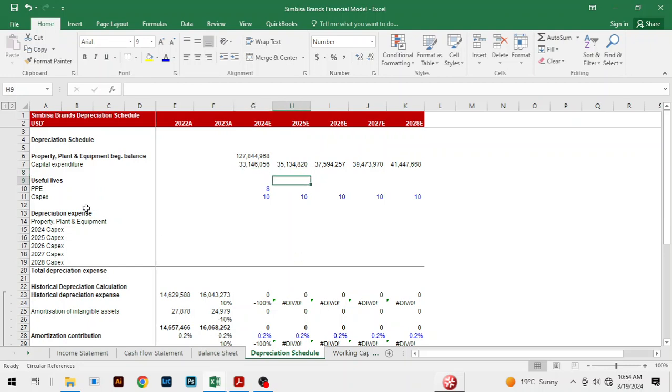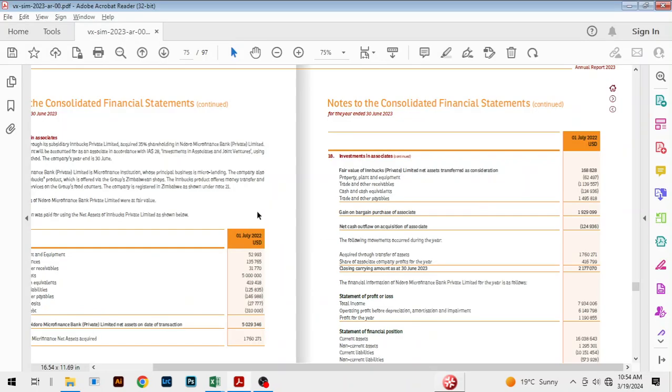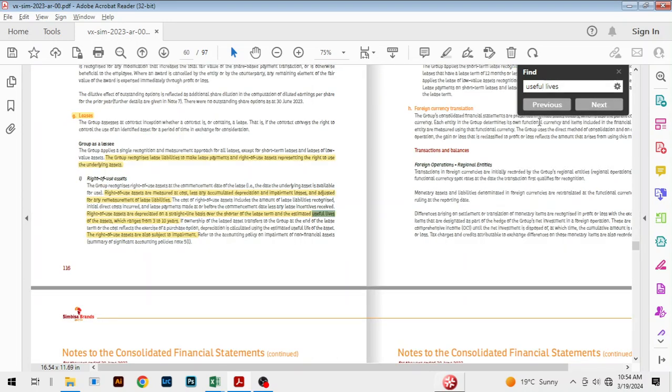So here I've got these years that I've put here. You can find these years here just in the annual report. So if you come here and then you say useful lives, right?